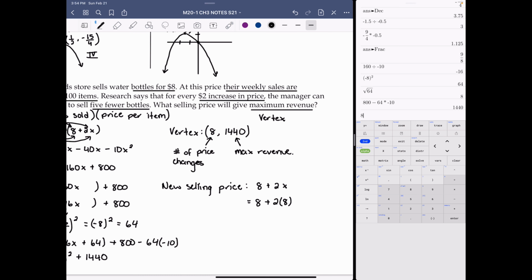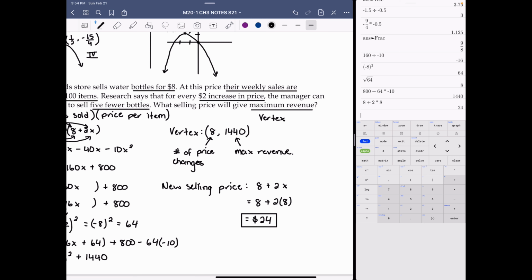And 8 plus 2 times 8 is 24. So $24 for a bottle, which sounds ridiculous to me, but maybe it's one of those fancy metal bottles.